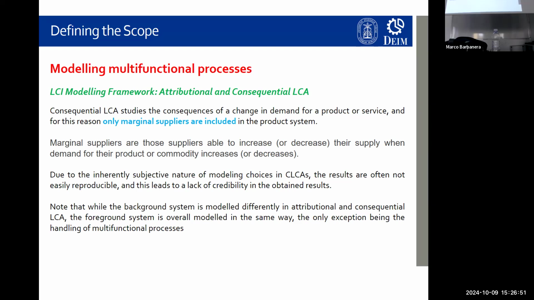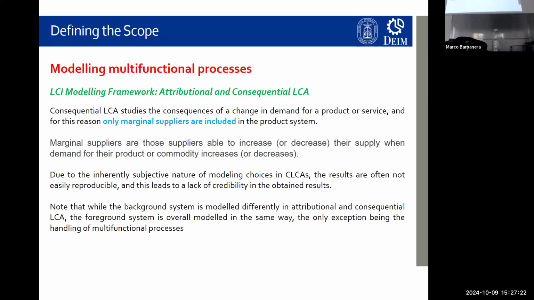But if the technology is an old technology, probably it is difficult for the producer to change the production rate for aluminum. So it's not very easy to understand, but marginal suppliers include only a category of global suppliers.